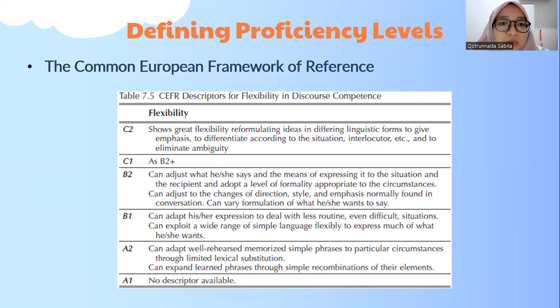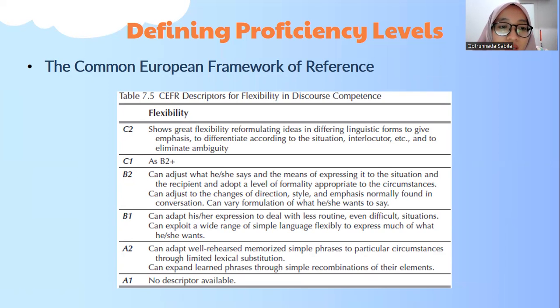And then the Common European Framework of Reference. By the early 2000s, the Common European Framework of Reference, or CEFR, was developed, focusing on linguistic, sociolinguistic, and pragmatic competence, now widely used and respected across Europe and well beyond.